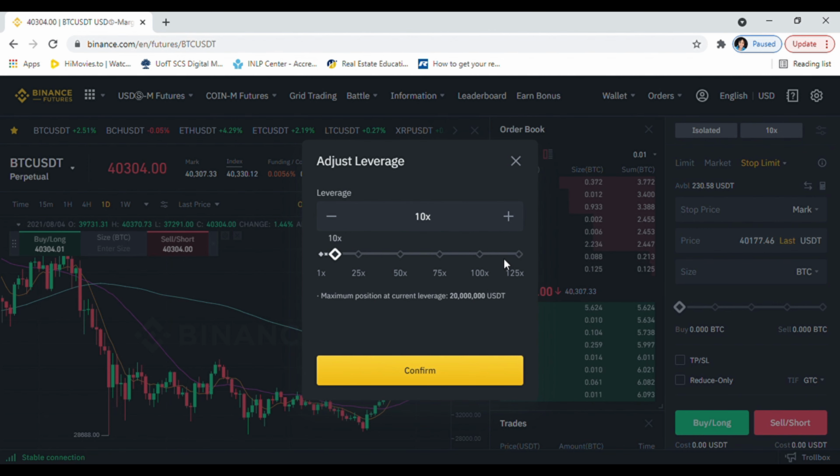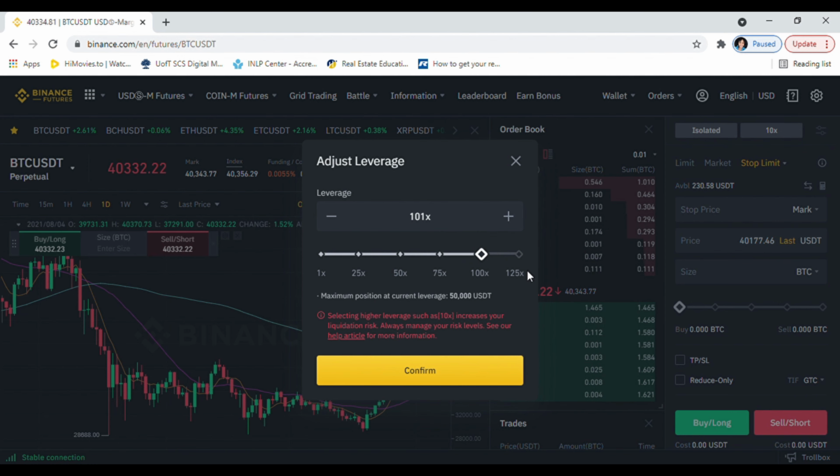Then you have to multiply your money by 100x. That will make it so your trade is basically you're trading with $1,000, even though you only have $100, and the profits that you'll be getting will be as if you were trading with $1,000. I hope that makes sense. So that's what leverage is.